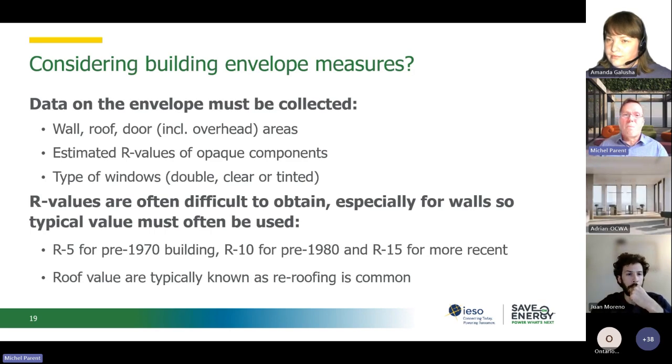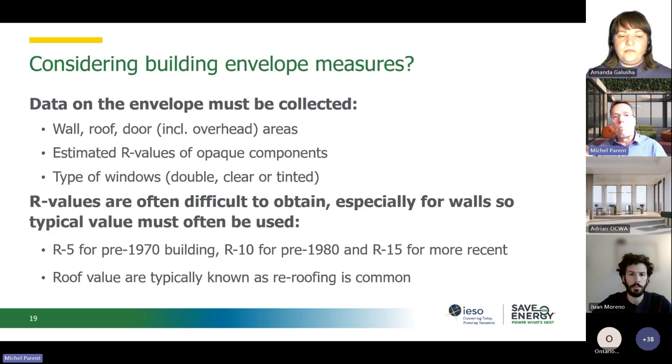You know, there's some buildings that are pre-1970, and you know the walls have not been insulated. You're probably safe at using something between R5 and R10 at most. And then, you know, between 1980 to 1990, R12 or around there, a little R10 to R15. And then more recent, you should know when it's more recent.